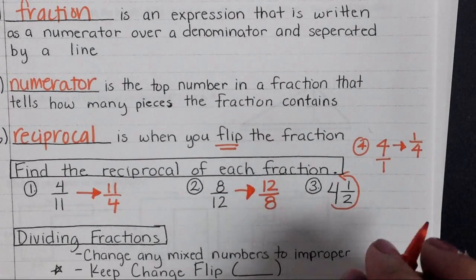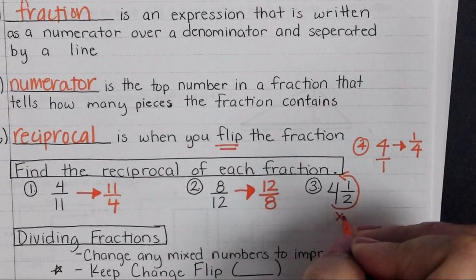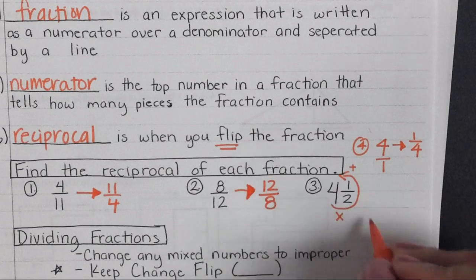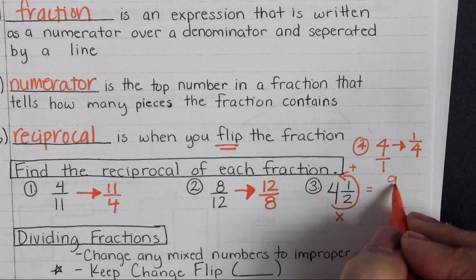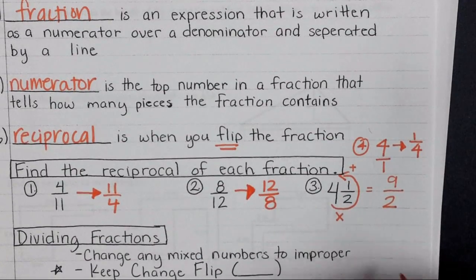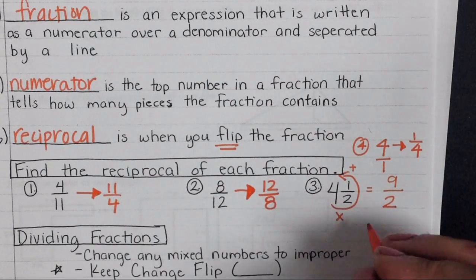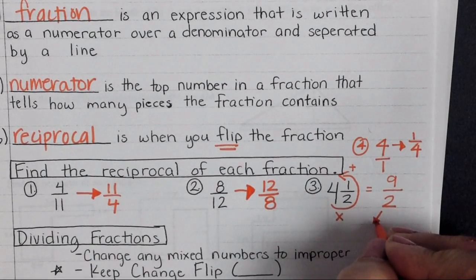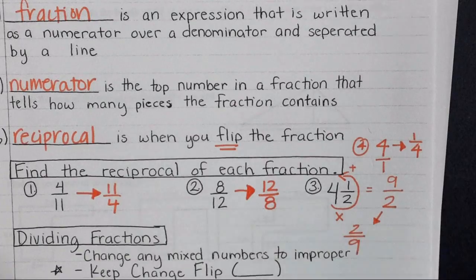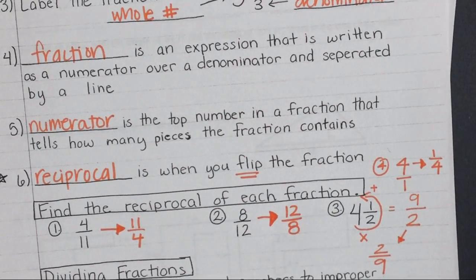Make sure you are multiplying whole number times denominator plus the numerator. 9 over 2. Denominator stays the same. So what would our reciprocal be? 2/9. So again, this is the only new part, the fact that we are using a reciprocal. And the reciprocal is the flip.